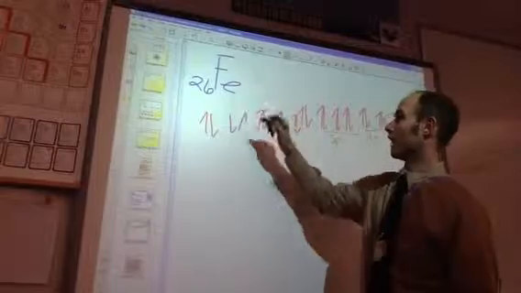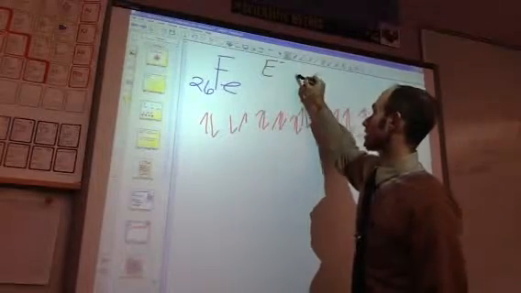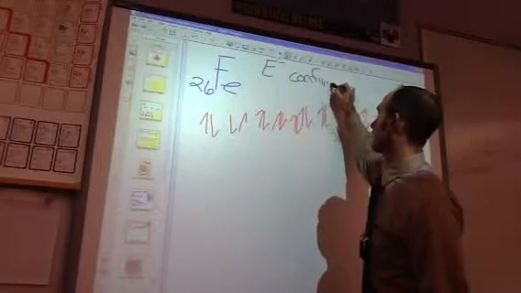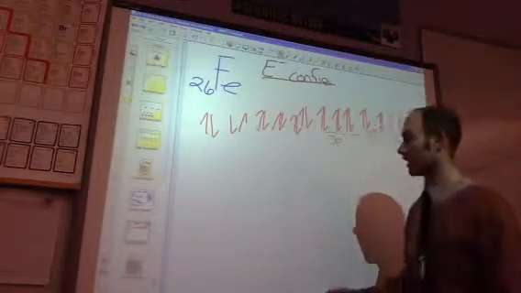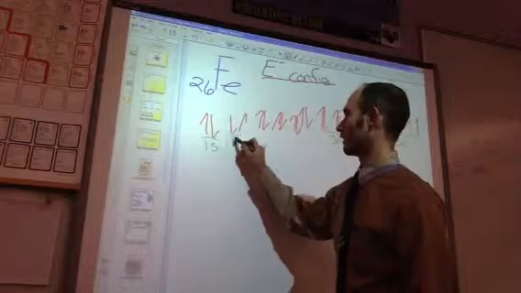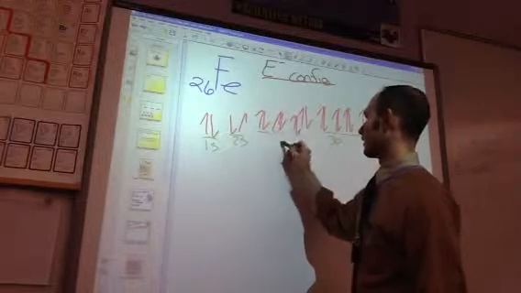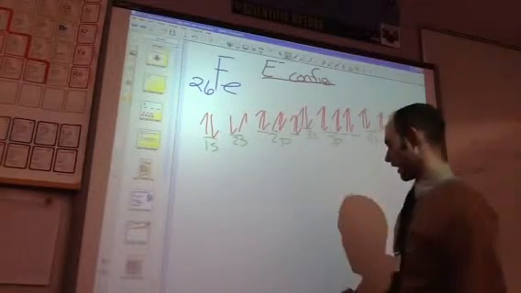If we wanted to do the electron configuration of iron, what would that be? This was 1s, 2s, 2p, 3s.